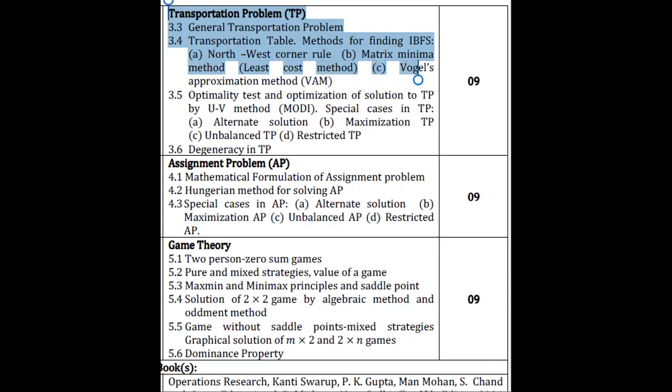And an important method is Vogel's approximation method. These are the three methods of finding initial solution. After getting an initial solution, we test that solution for optimality, whether the transportation cost is minimum or not. So optimality test and optimization of solution of a transportation problem by UV method or modified distribution method.